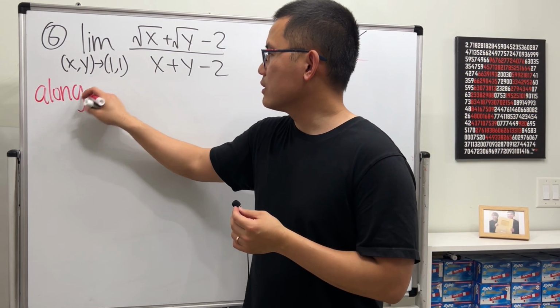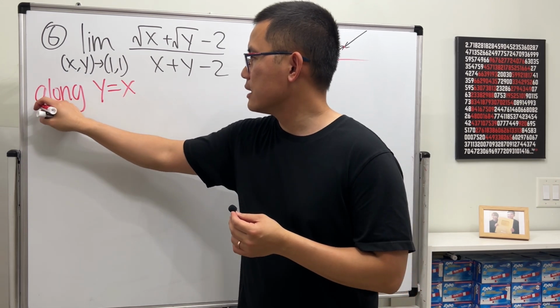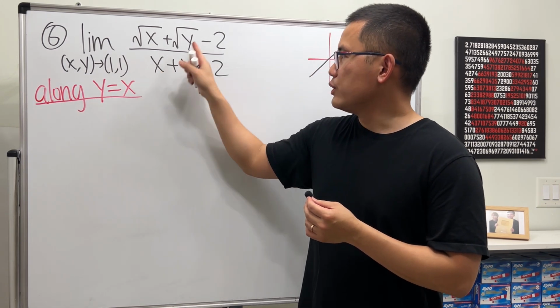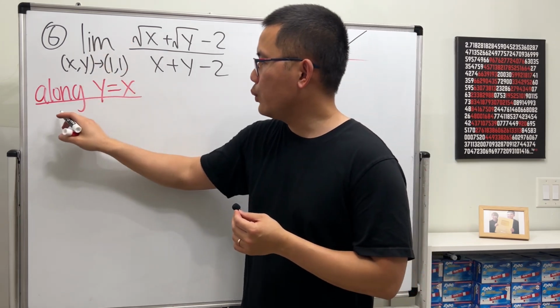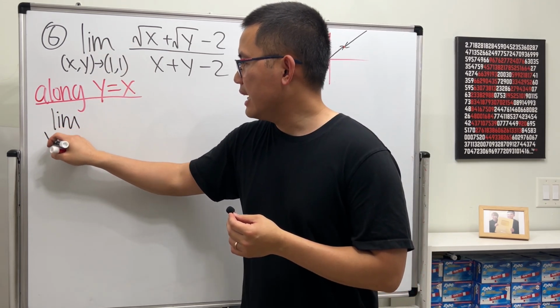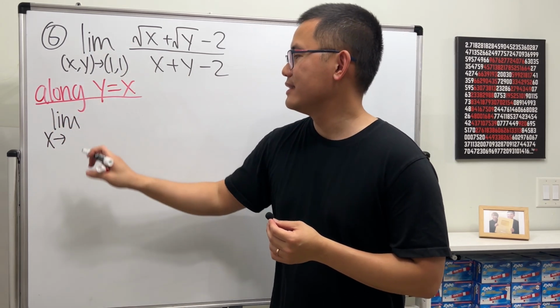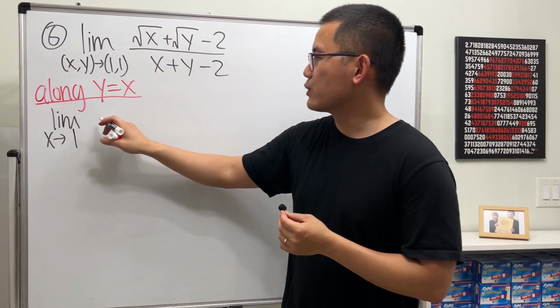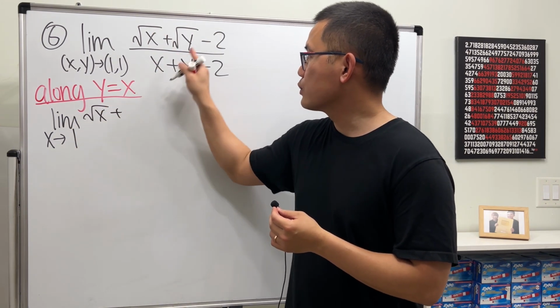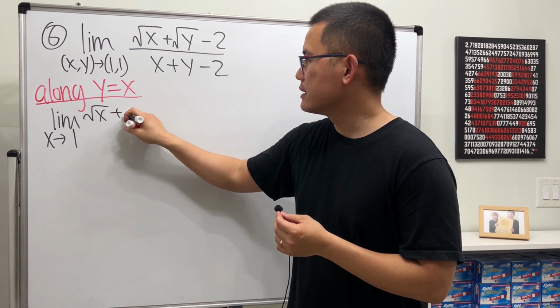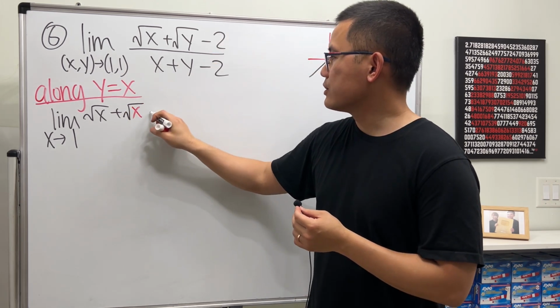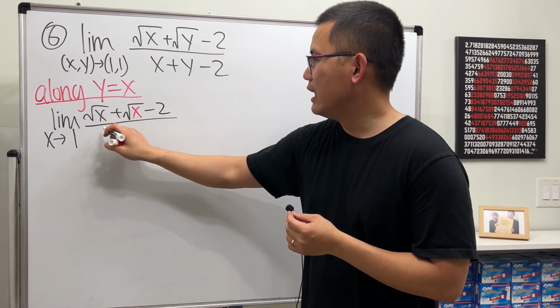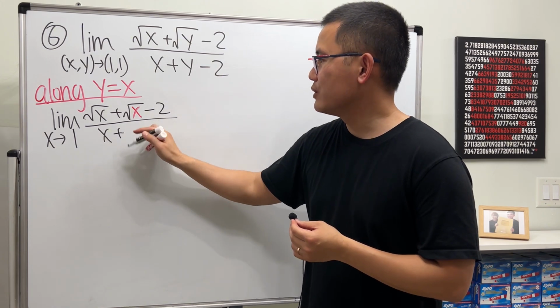First, we say along y is equal to x. So I will plug in x into this y and this y. So here we have the limit as x approaching 1. And then we have square root of x plus square root of y, which is now x. And then minus 2 over x plus y, which is now x.